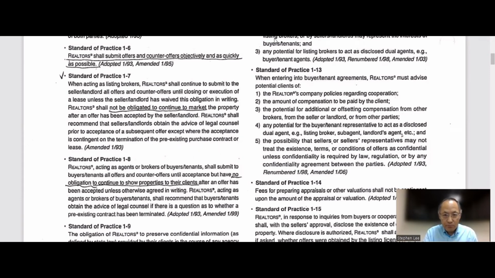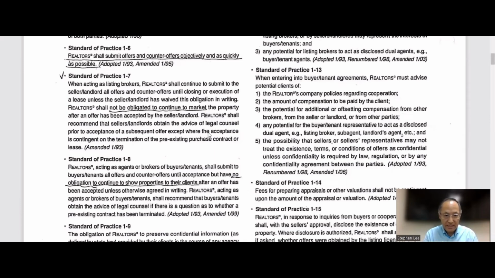Well, realtors shall recommend, in other words, while you're doing attorney review, okay, some fancy offer came in. Okay, in this case, they have to switch over to the new buyer, but definitely you have to recommend the seller to consult an attorney because right now it's on the contract.